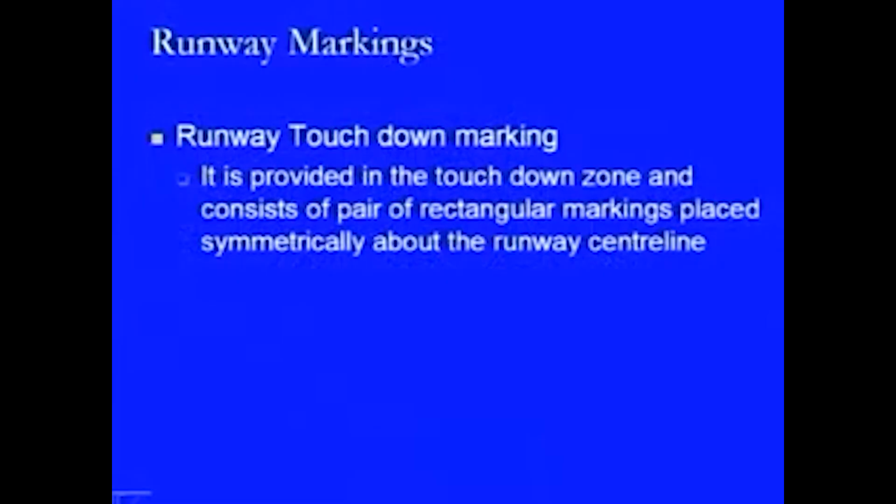Another type of runway marking is the runway touchdown marking. We will be looking at all these markings, like the first one which we have just discussed, that is center line marking, on one of the diagrams where a combination of these markings has been shown. In the case of this touchdown marking, it is provided in the touchdown zone, and it consists of a pair of rectangular markings which are placed symmetrically about the runway center line.